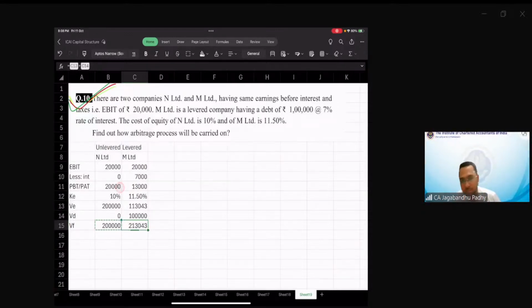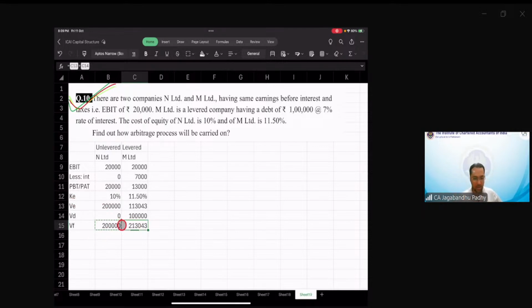Ideally, the value of these two companies should be the same, because the MM model is saying that they are levered or unlevered in the absence of tax. Whenever there is tax, there will be a difference in value. But when there is no tax applicable, the value of both the firms is going to remain the same.